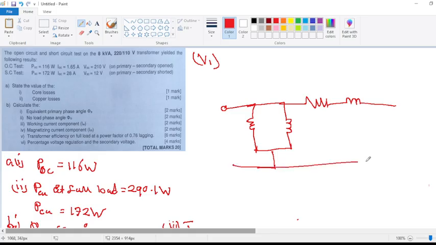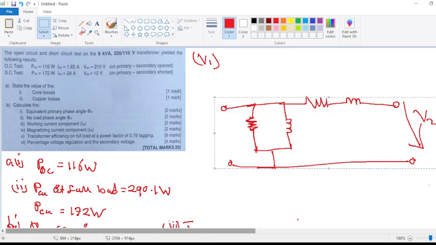So this will be your equivalent circuit, because we've calculated the resistance, the impedances and the reactance. Now they want the voltage drop at this point here. So how do you calculate this voltage drop? We can calculate it by considering the series impedances.